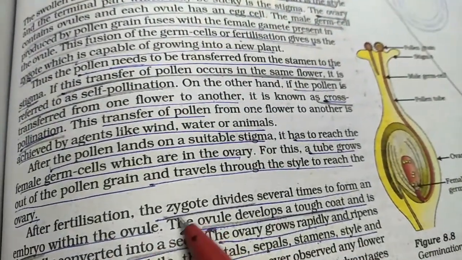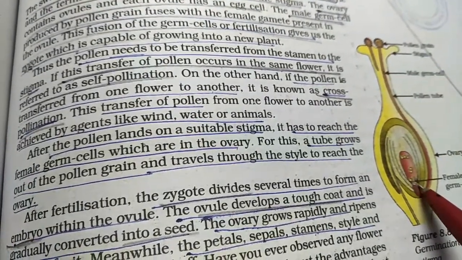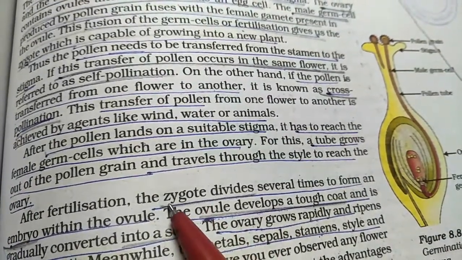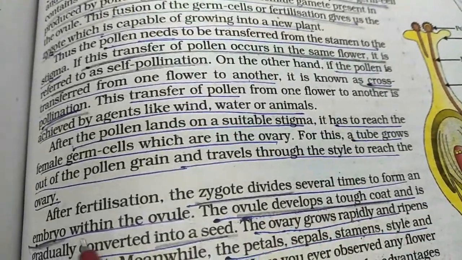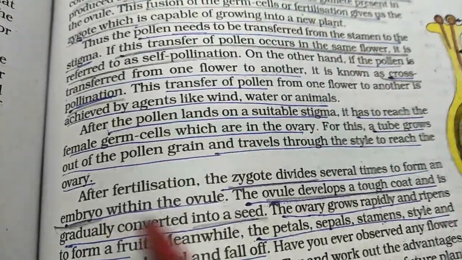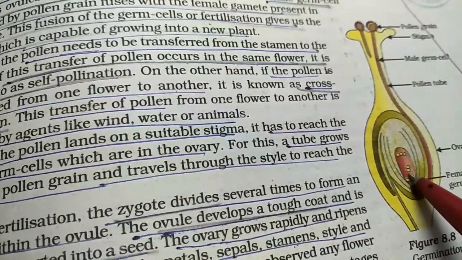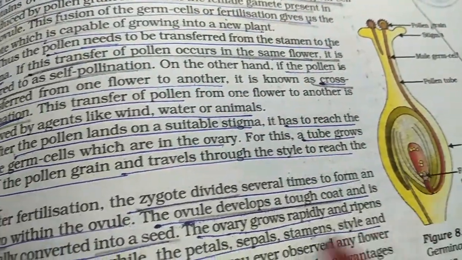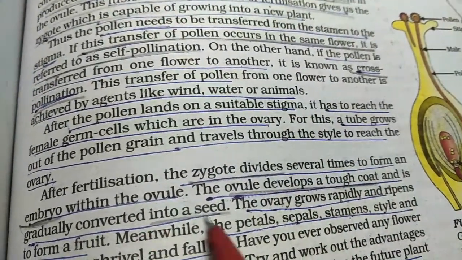Now once the pollen grain and the female germ cell meet, a zygote is formed after fertilization. This zygote divides several times to form the embryo. All these things occur within the ovules. The ovule develops a tough coat and is converted into seed.